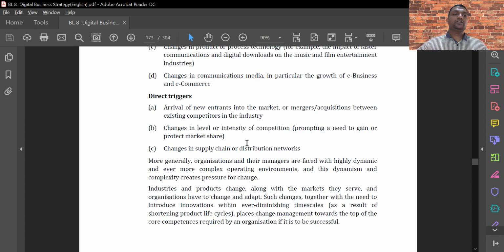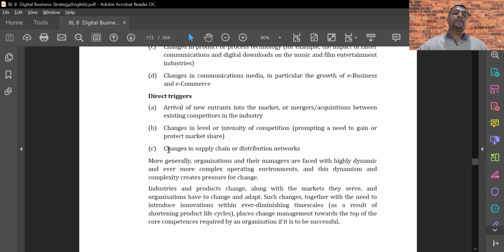They are investing now, they are trying to expand the business, so that will become a direct trigger. So having new organizations starting up, or organizations joining together, or even organizations who were not that competitive earlier, but now they are trying to be competitive, that is also considered as a direct trigger.